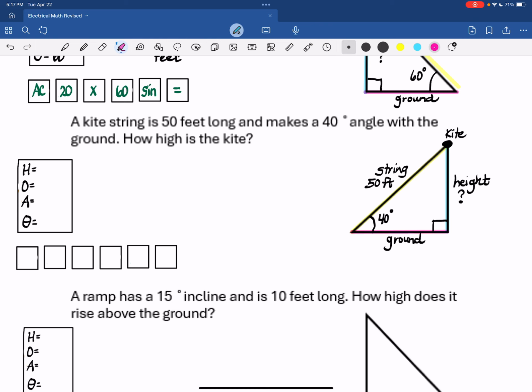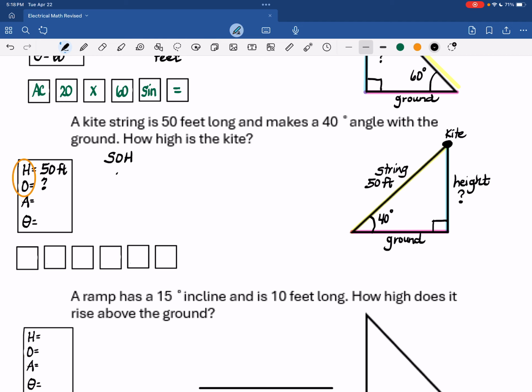And then we need to figure out the ratio that's going to help us. So we know hypotenuse is 50. So I know my ratio has to have an H in it. I'm looking for opposite. So I'm looking for a ratio that has an H and an O. And that has to be so.